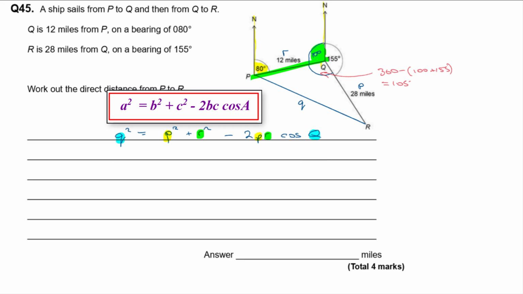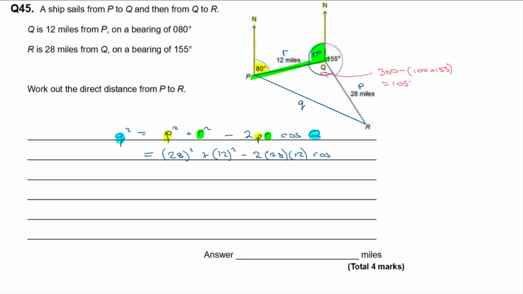We can then just sub into our corresponding version of the cosine rule. So P is 28, 28 squared, plus R, which is 12, 12, minus 2 lots of 28, lots of 12, cos, and then Q, we just worked out to be 105, didn't we?